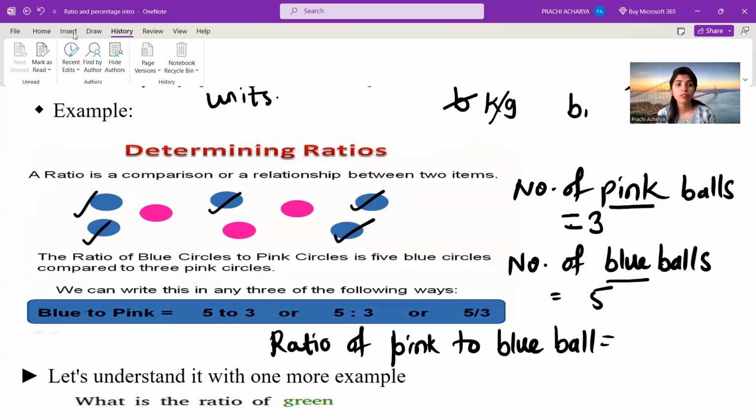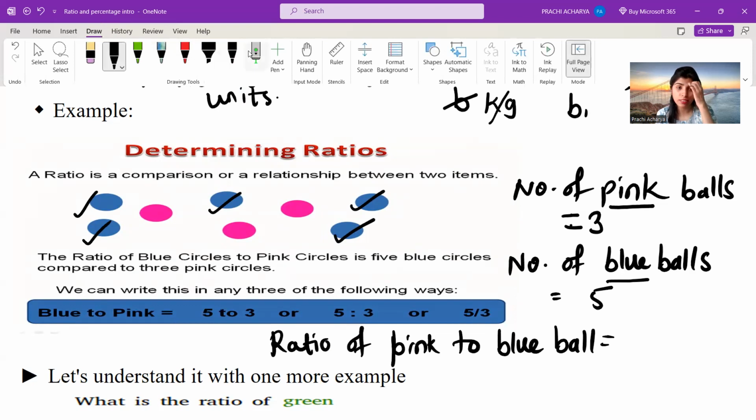Read it carefully: ratio from where to where we have to find, because based on that our numerator and denominator will change. Here we are finding the ratio for pink to blue, so we should write the number of pink balls in the numerator, which is 3, and the number of blue balls in the denominator. As you can see, 3 upon 5 is already in reduced form, children. So our ratio will be 3 is to 5.